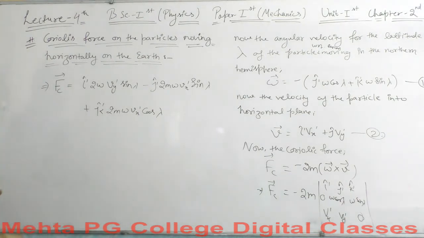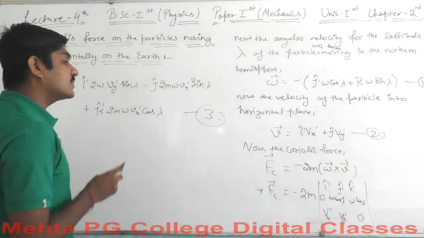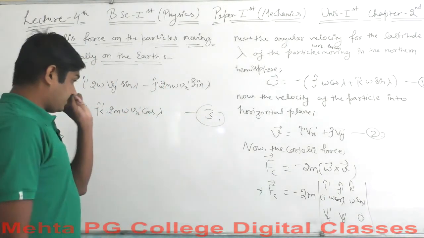Yes, this is it. This is the cosine of lambda here. Let's say this is equation 3 here. So we got the component of Coriolis force.